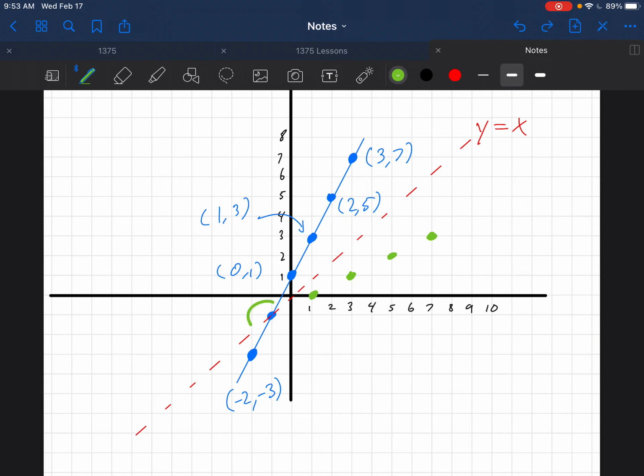And if I go to the other side, this ordered pair is (-1, -1), which will swap to be the same thing, and then over here, (-2, -3) is going to become (-3, -2).